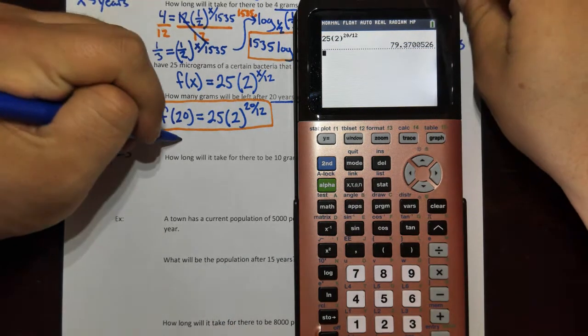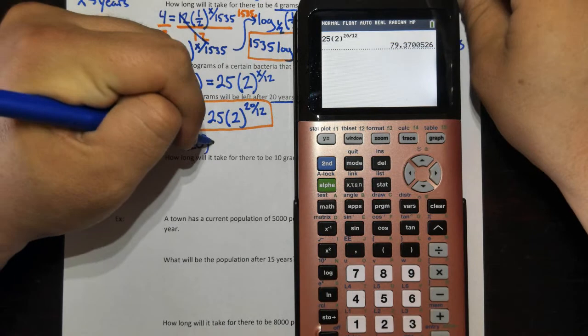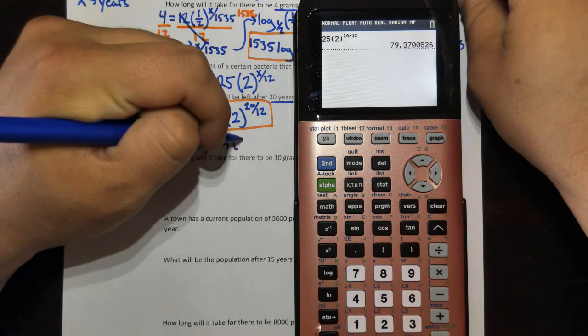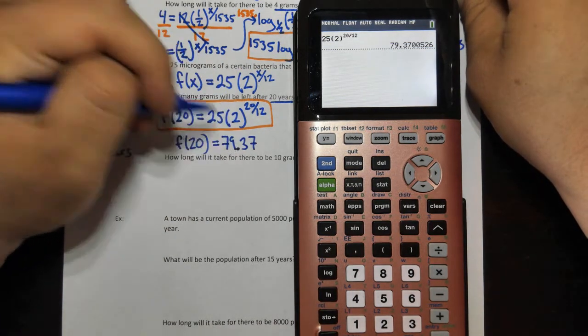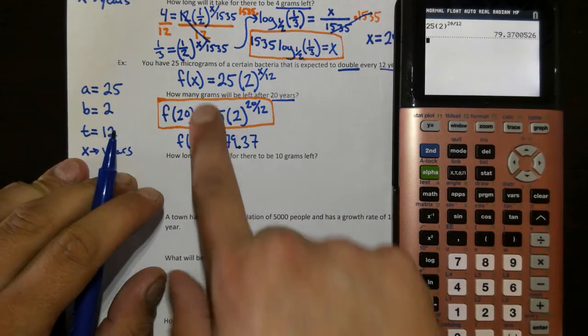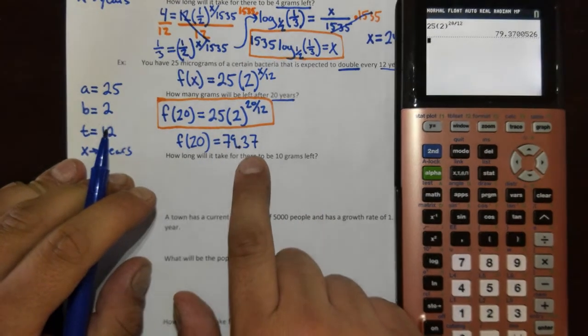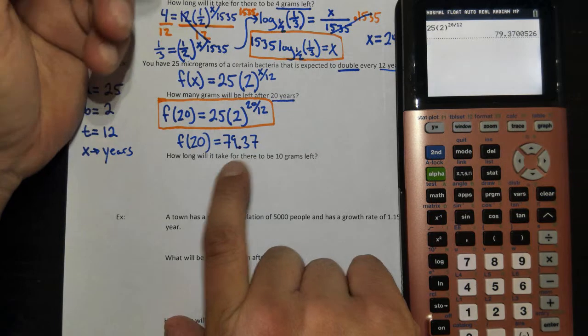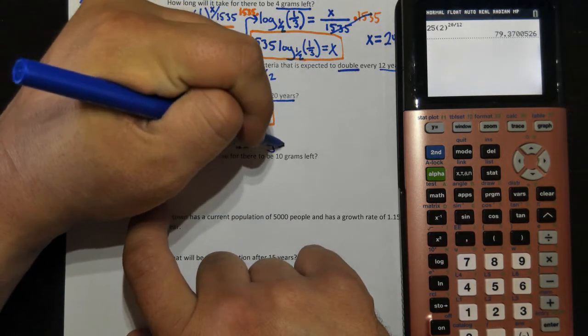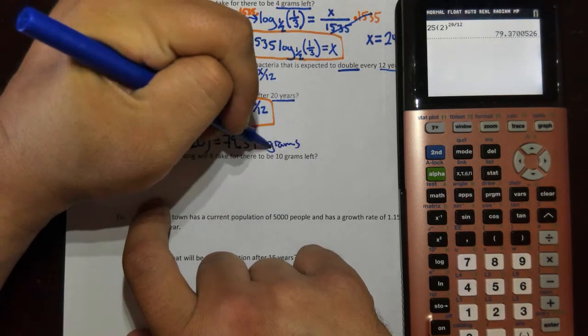So f of 20 is equal to 79.37. And what's our units here? What does that mean? Well, how many grams will be left? Well, that will be 79.37. Oh, not grams, micrograms.